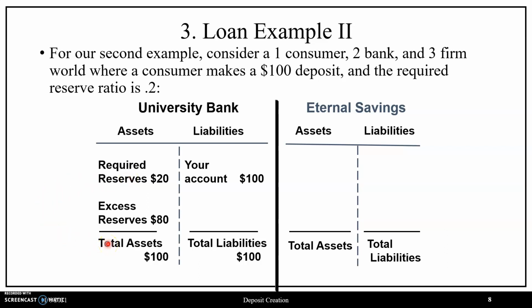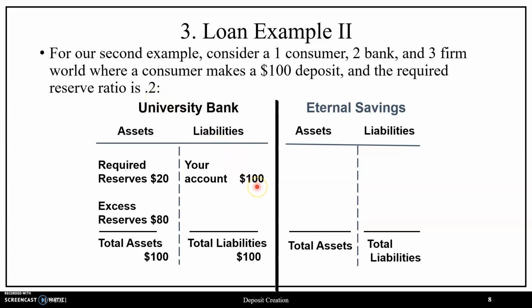So once again, in terms of assets and liabilities, we have $100 cash in assets and $100 in terms of liabilities in terms of total deposits, so 100 equaling 100. In terms of where our excess and required reserves come in, our total deposits is $100 balance in terms of our consumer account. We know our required reserve ratio is 20%.